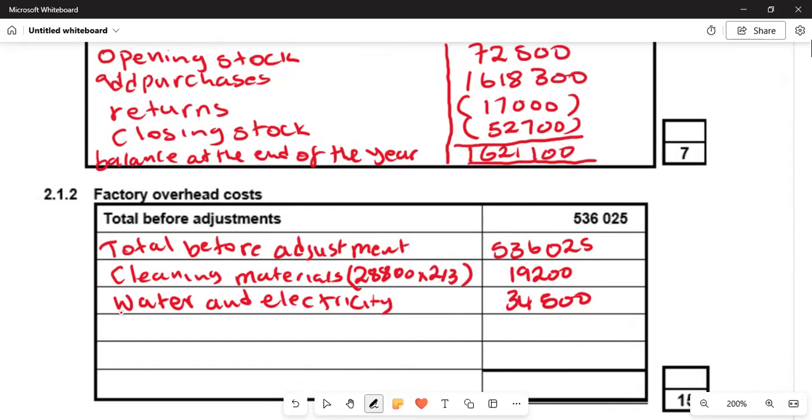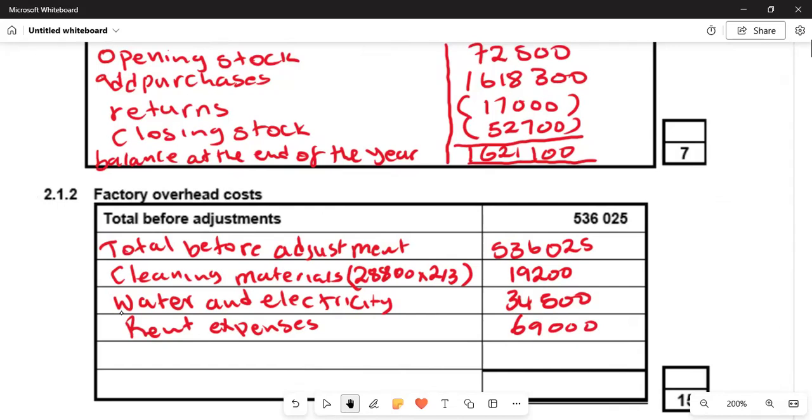So that is that. We also have rent that we calculated. Our rent expense is going to be 69,000 as we calculated.